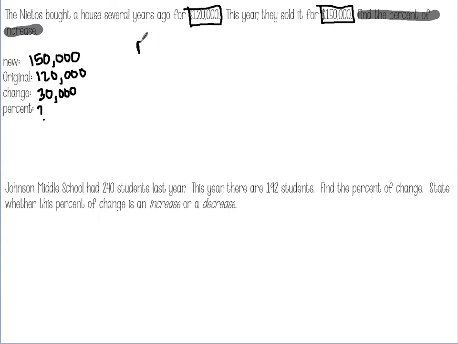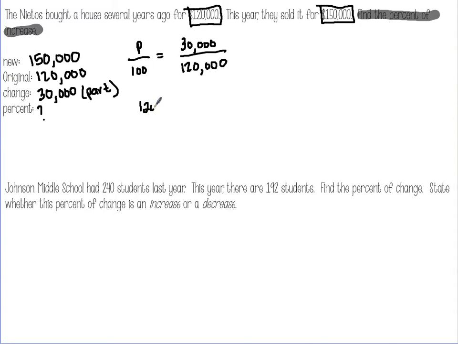So again, we set it up as a proportion as percent over 100, which we don't know the percent. The change, remember the change is always our part, so that goes on top. So it's 30,000. And we want to know what percent that is of the original cost, which was 120,000.